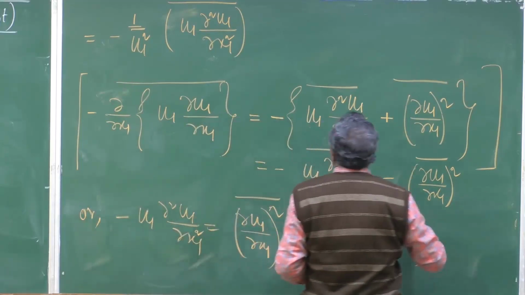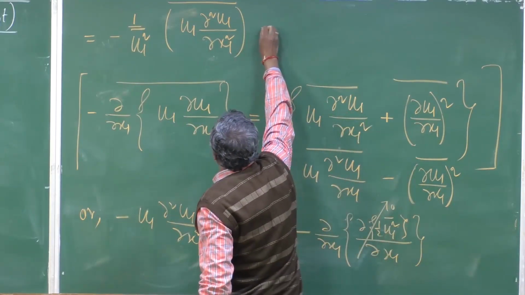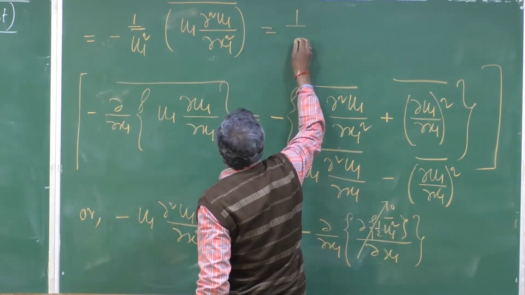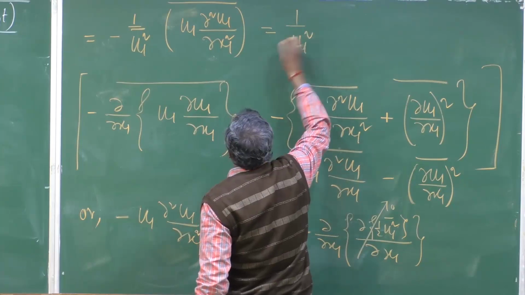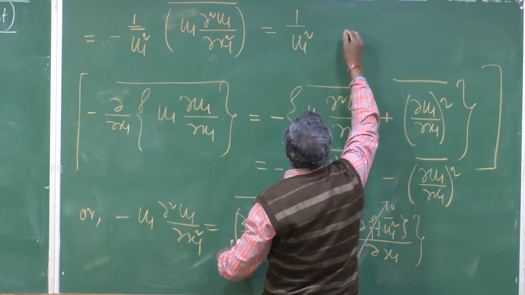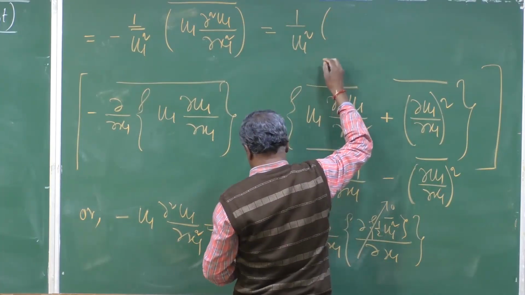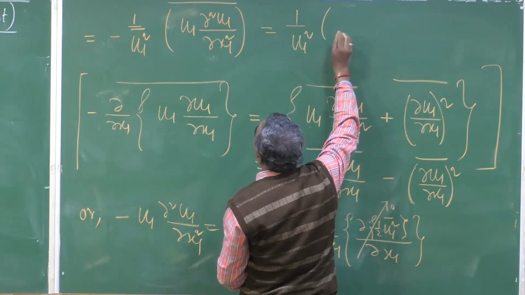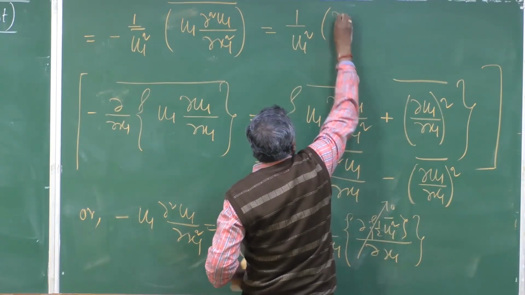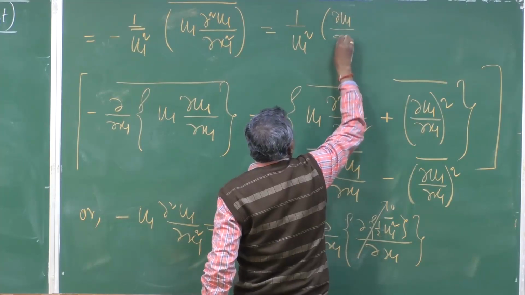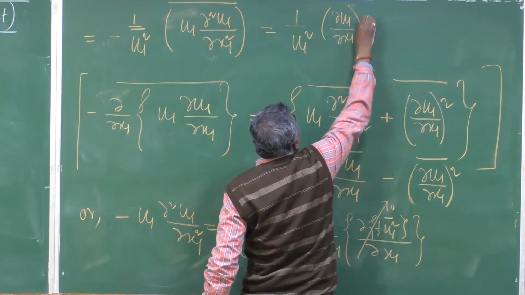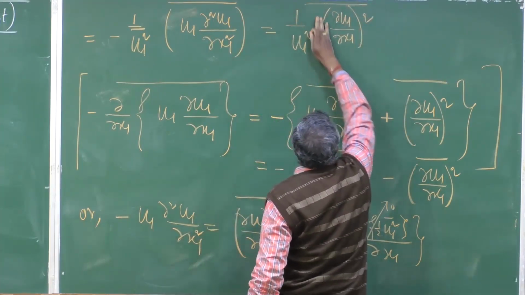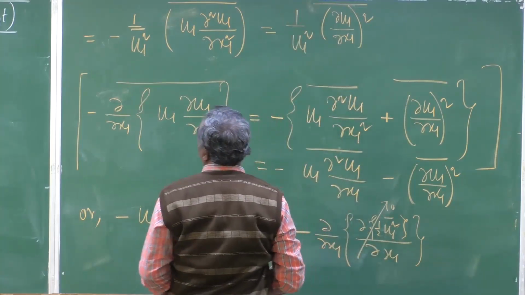So, this one can be written 1 by U1 square equals to nothing but your this del U1 del x1 square bar. Okay. So, this is what we get.